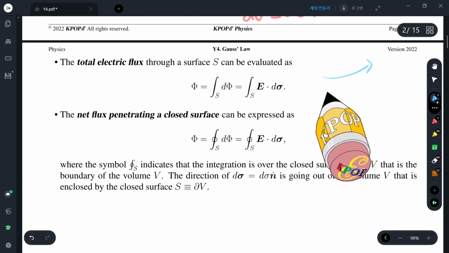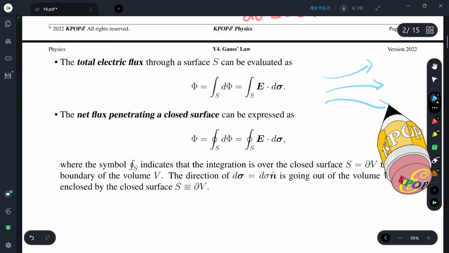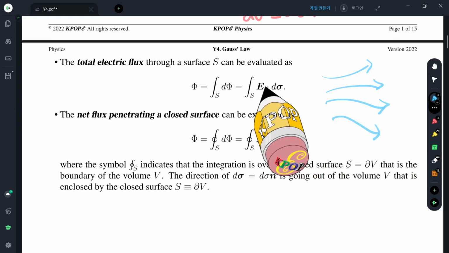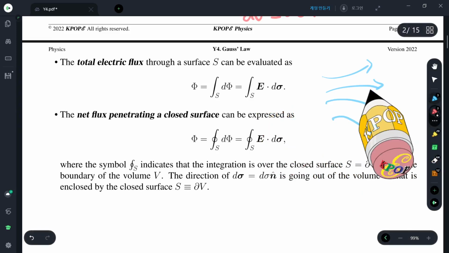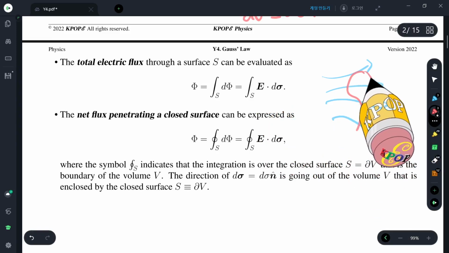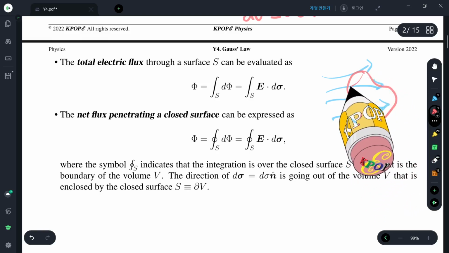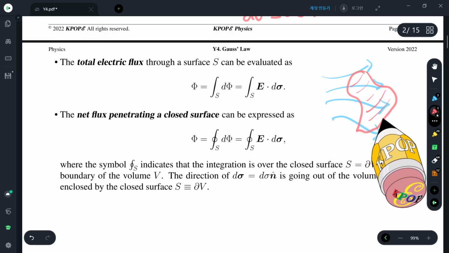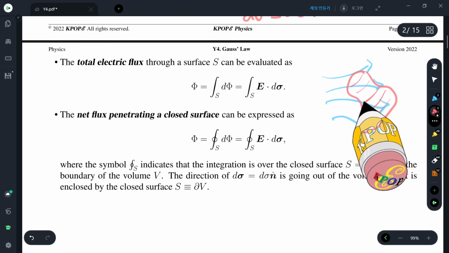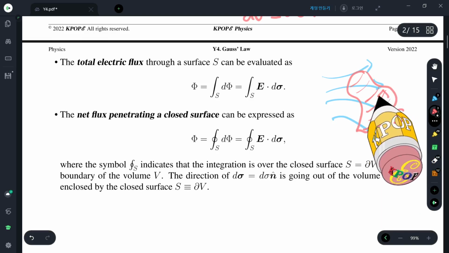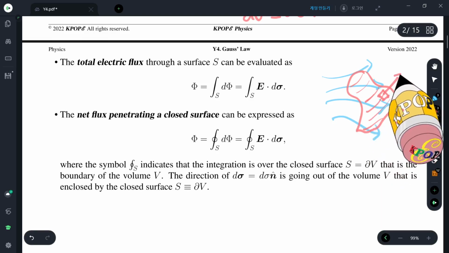The electric field can vary depending on the position, because the field is a function of position. And we have a surface. Sometimes we might have a curved surface. How can I compute the electric field flux passing through the surface? We divide it into small patches.